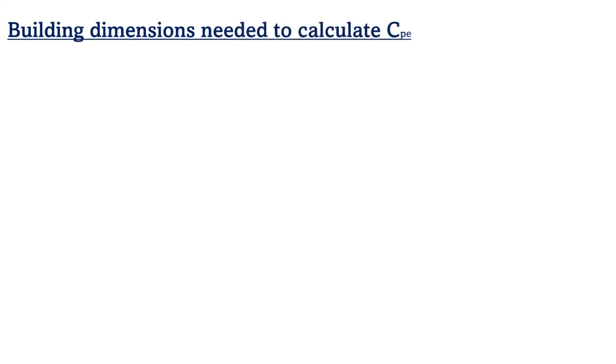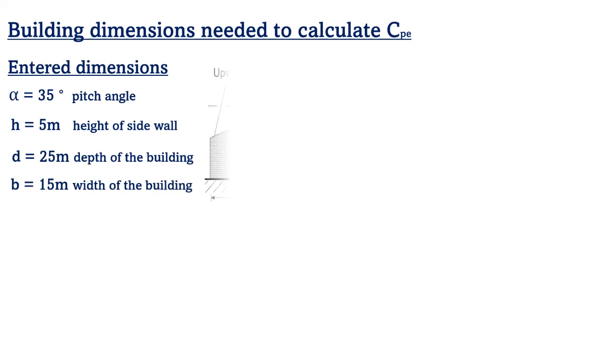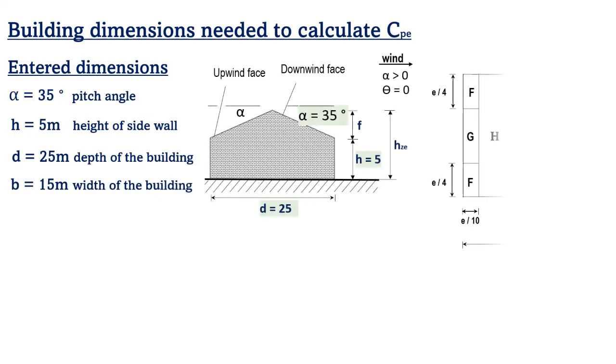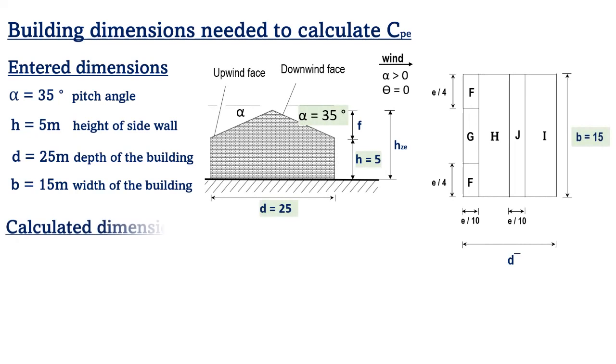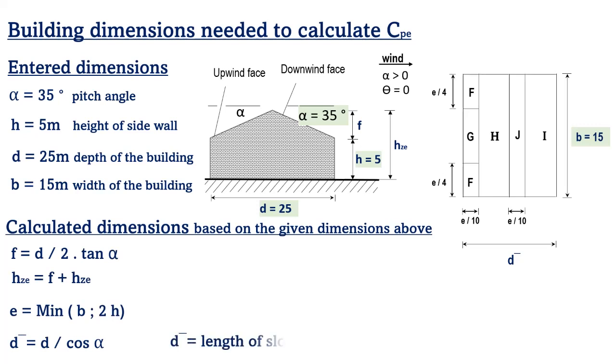Building dimensions needed to calculate Cpe: alpha is the pitch angle, h is the height of the sidewall, d is the depth of the building parallel to the wind direction, b is the width of the building perpendicular to the wind direction. Calculated dimensions are based on the given dimensions above.